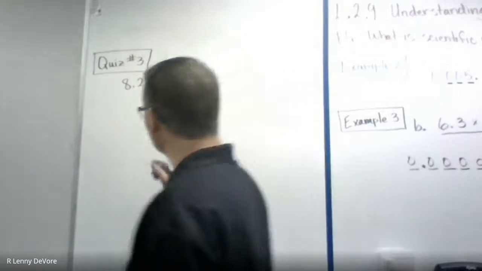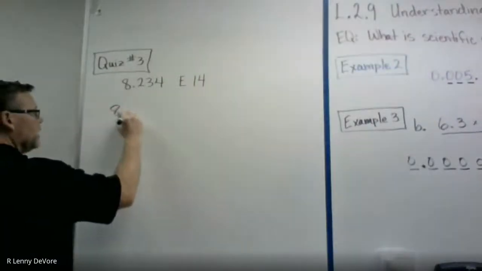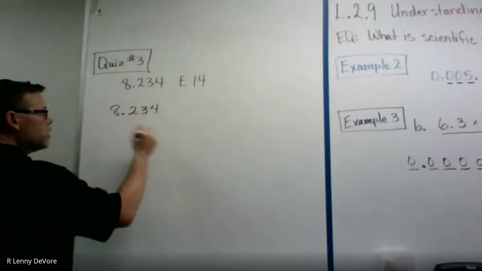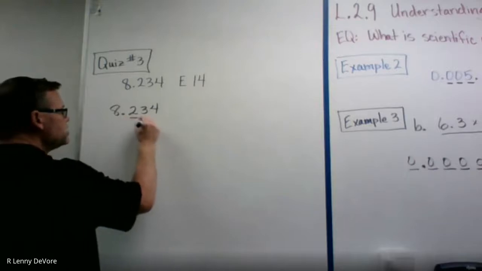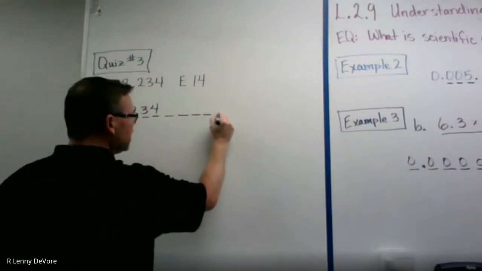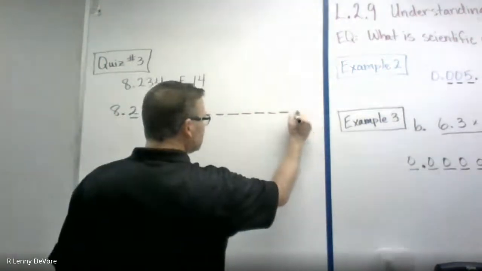Okay, so in other words, I would go like this. I would rewrite this again, 8.234. I'm starting here and I'm going to go 14 places out. In other words, 1, 2, 3, 4, 5, 6, 7, 8, 9, 10, 11, 12, 13, 14.